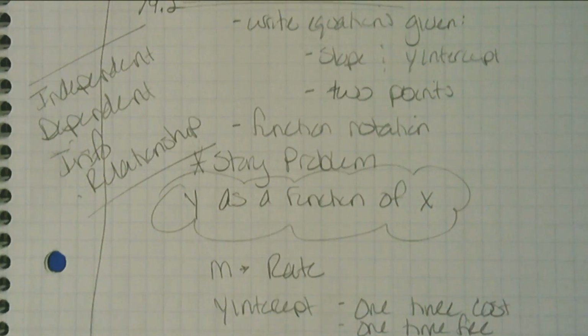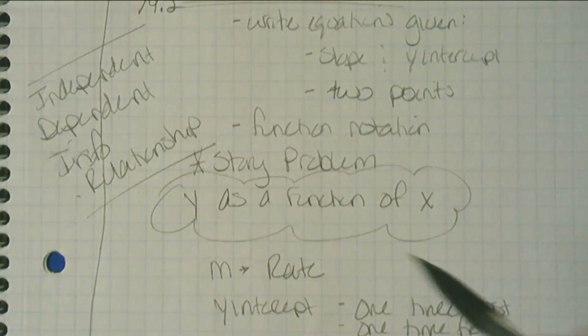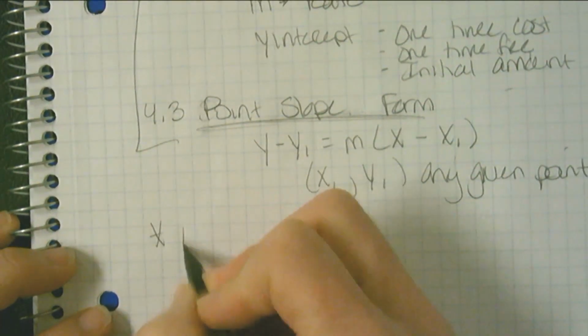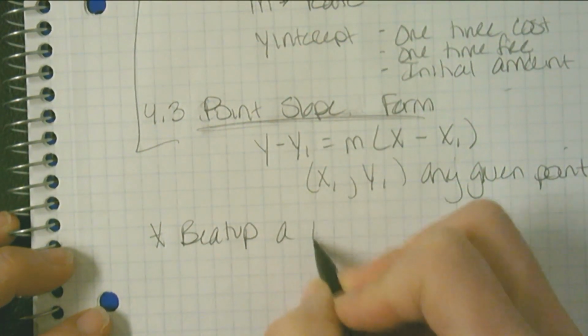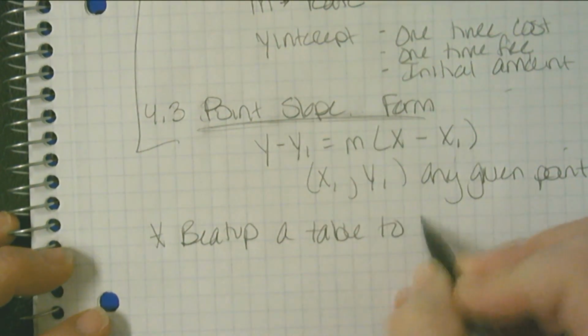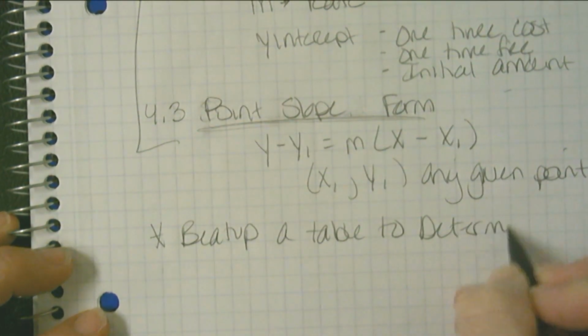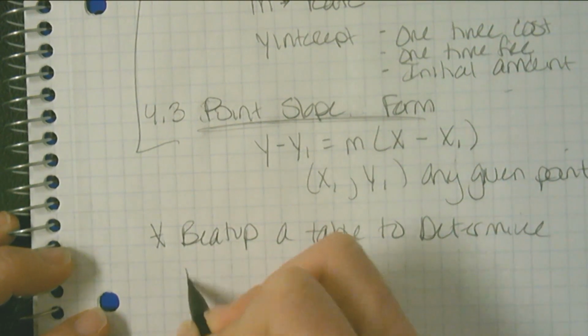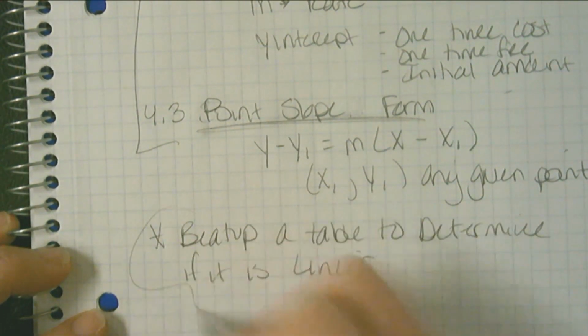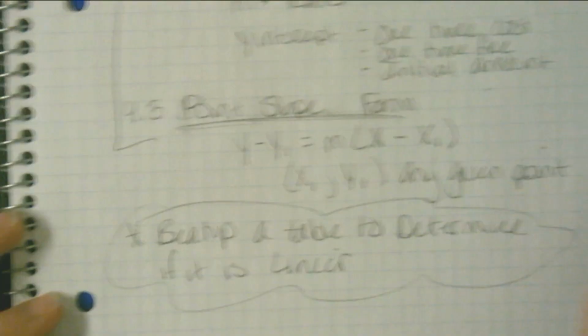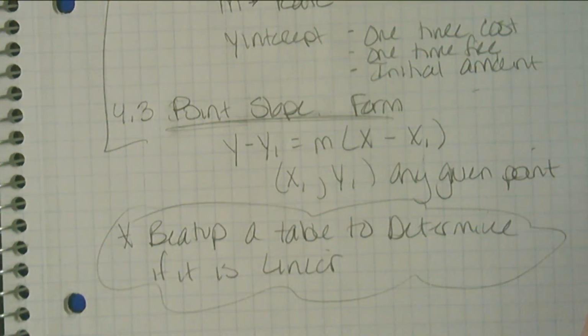All right, one of the things you need to do, I'm pretty sure it was in 4.2, but one of the things that we talked about was beating up a table. So beat up a table to determine if it is linear. In one of those sections, I think it was 4.2, we were doing that.